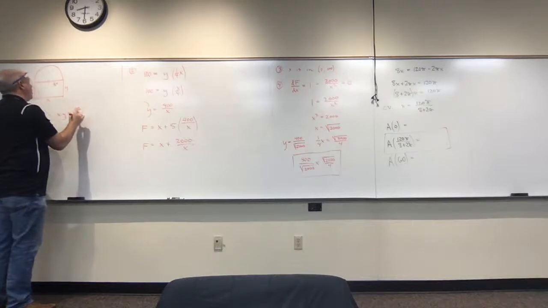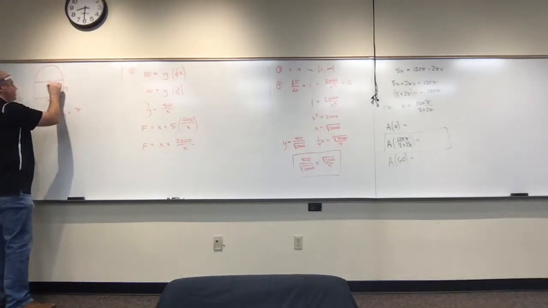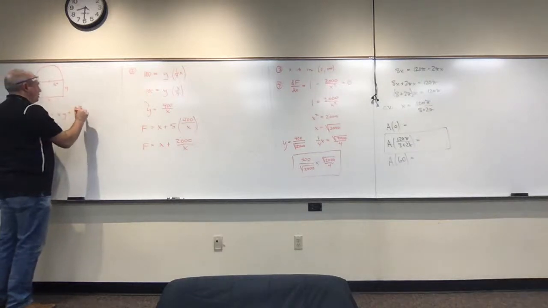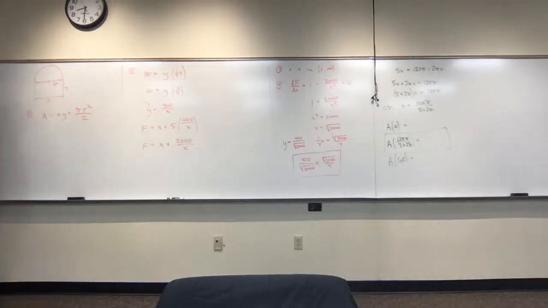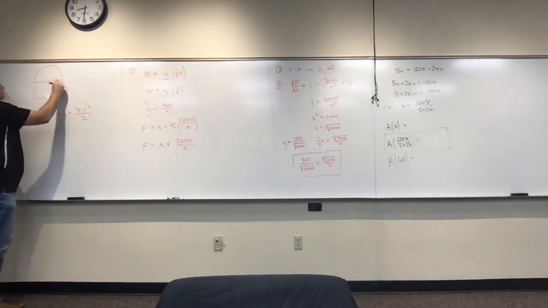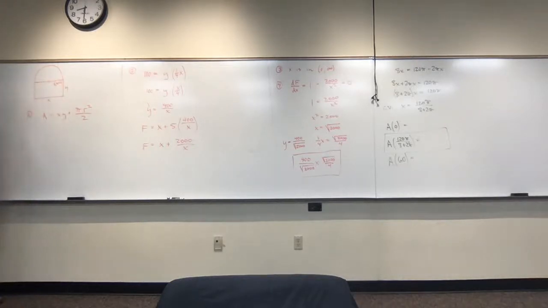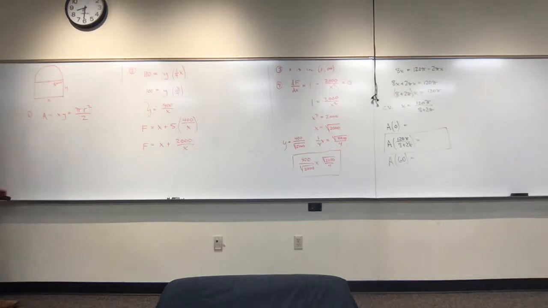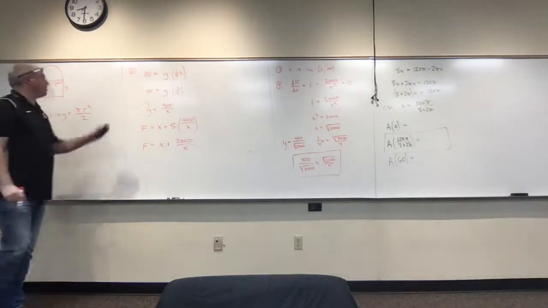Maybe I'll just write pi r squared over 2. So we need x times y, and this is r. We can think of that as our extra information here in some ways.